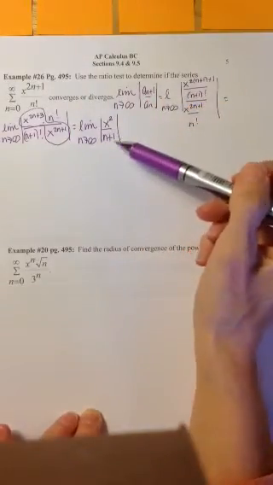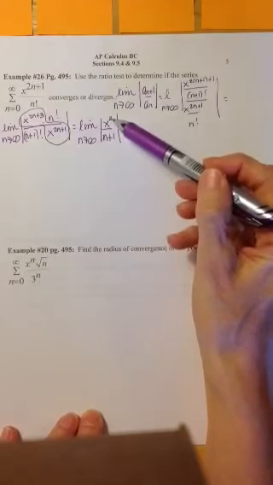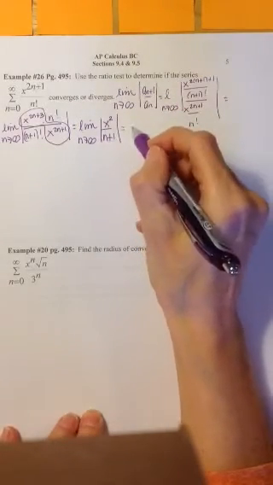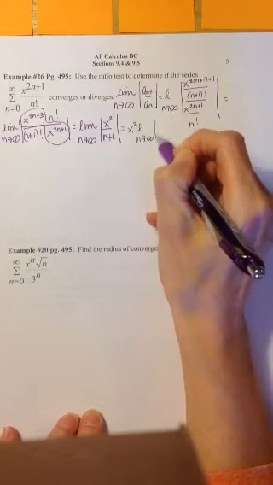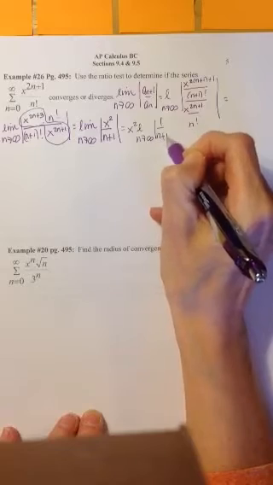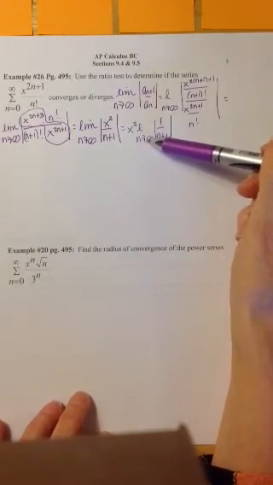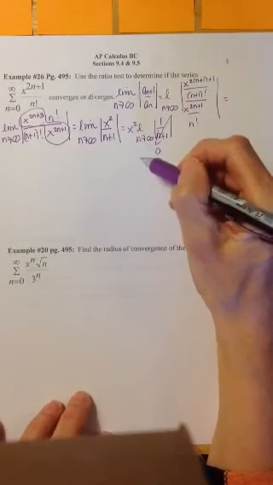Now as you can see, x squared has no n's in it, so we're going to move it in front. It doesn't involve n, so really the only limit that I have to solve is this absolute value of 1 over n plus 1. I see that as n goes to infinity, this is going to go towards 0.